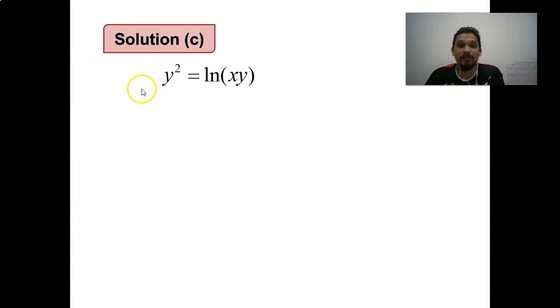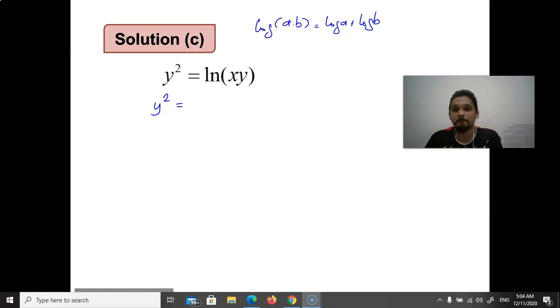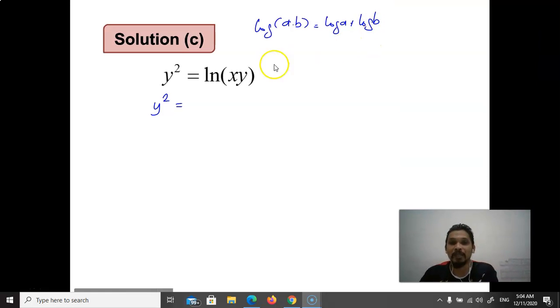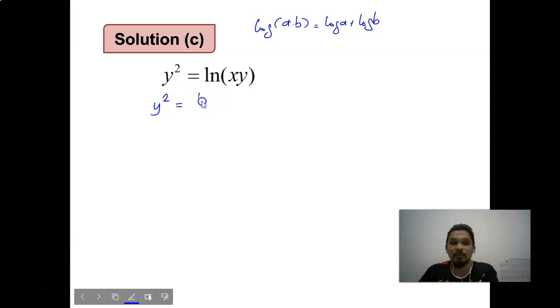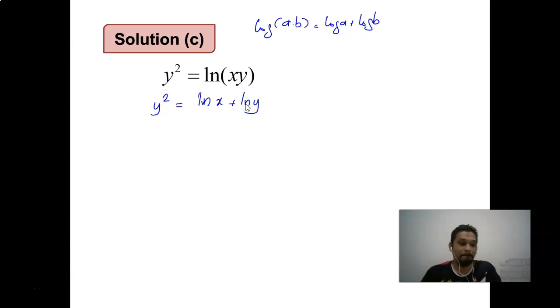Now for this one here, we come out with y squared equals, using the log rule, log a multiplied with b equals log a plus log b. So for this one we come out with natural log of x plus natural log of y.